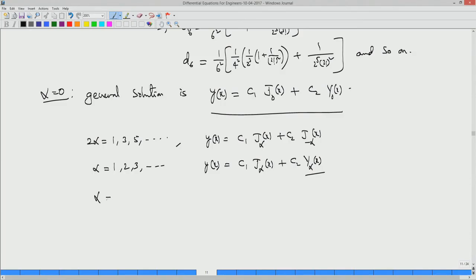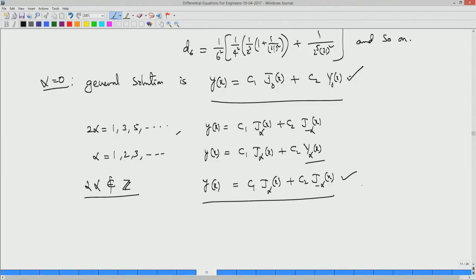So, when alpha equals 0, we have already seen this case. When alpha is non-zero, that is, when 2 alpha does not belong to Z, any integer, in this case again it is the same style, c1 J alpha of x plus c2 J minus alpha of x.